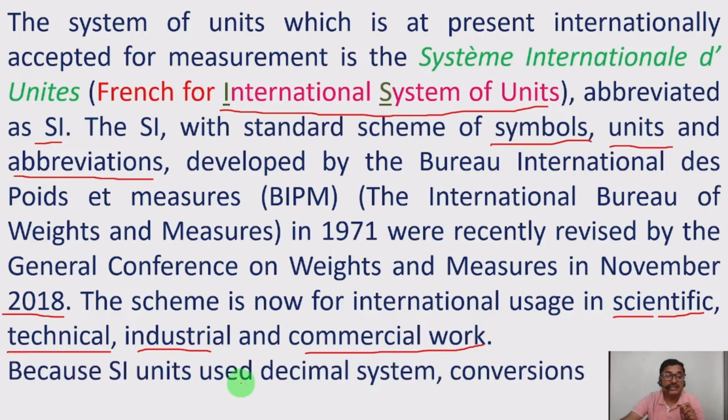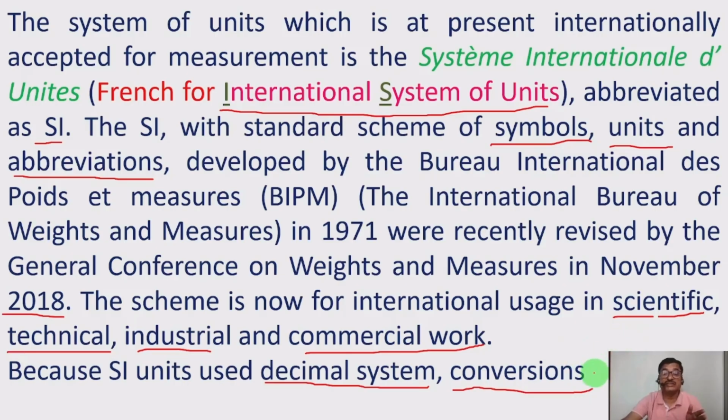Because the SI unit uses a decimal system. Decimal system means we can also use fractions, like 0.01, 0.0235. Decimal values can be used here, and it has conversions also. For example, length is expressed in millimeter, centimeter, meter, and kilometer.